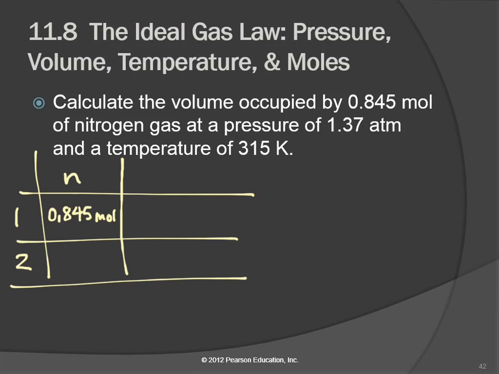Number of moles. Pressure of, okay, so they came out and told us that was the pressure. And a temperature of 315 Kelvin. Oh, they were so nice to us. They gave us the temperature in Kelvin that time.